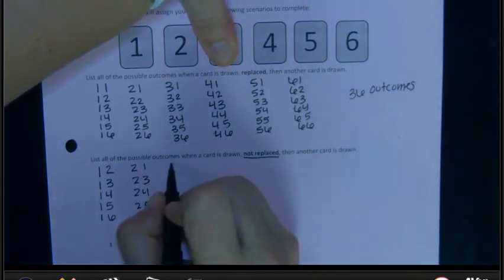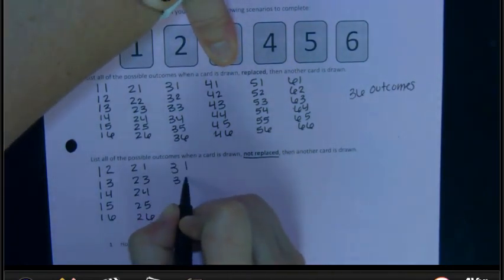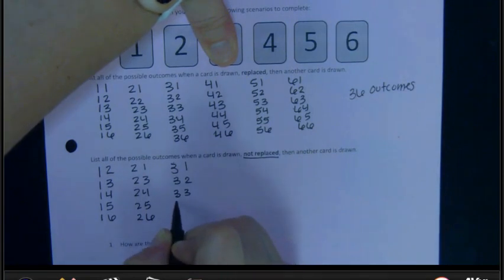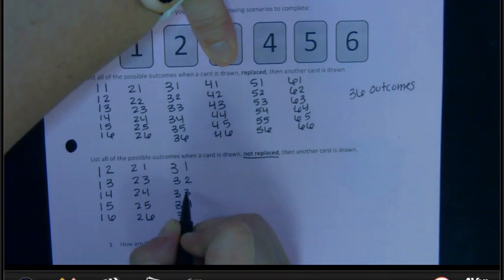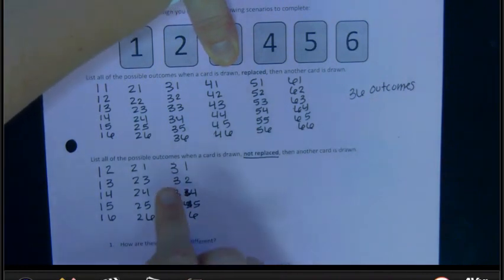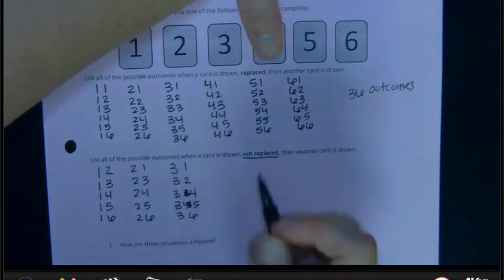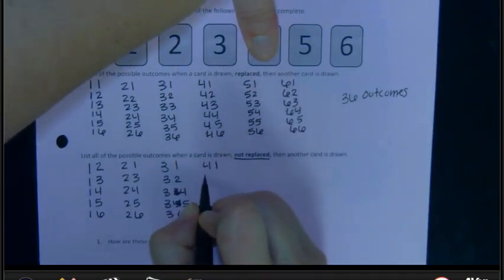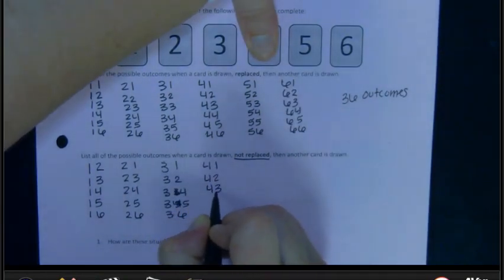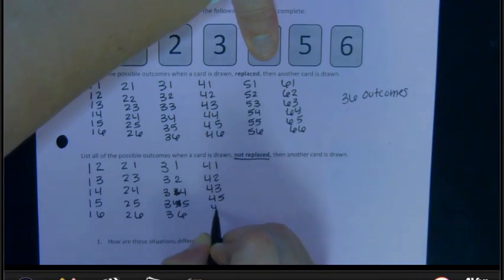Okay. What if my first draw was a 3? I have 3, 1, 3, 2, 3, 3, or, oh, nope, not 3, 3. Oops, 3, 4, 3, 5, and 3, 6. I can't have a 3, 3 because I picked up the 3 and I didn't put it back down. Okay, what if I picked up a 4? 4, 1, 4, 2, 4, 3, 4, 5, and a 4, 6.